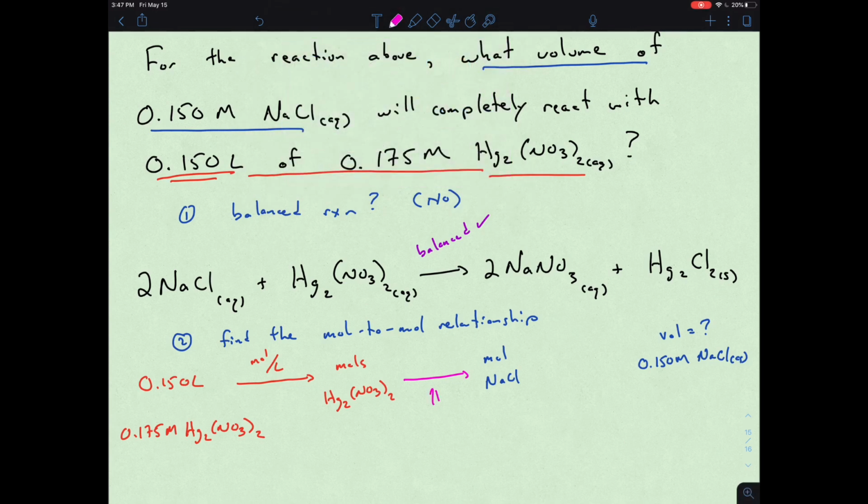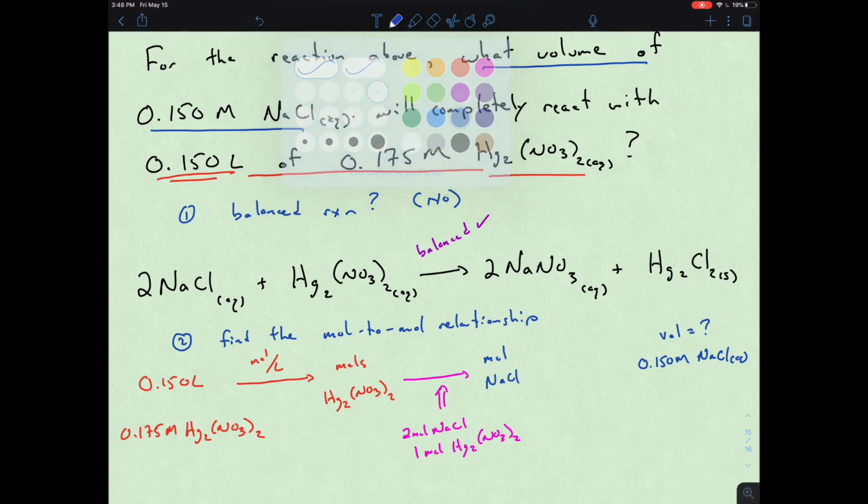And so we see that it's a 2-to-1 ratio. We have 2 moles of sodium chloride for every 1 mole of the mercurous nitrate. So that's our conversion feature there. And then we can simply use our moles per liter value of 0.150 to do the final conversion that we have.